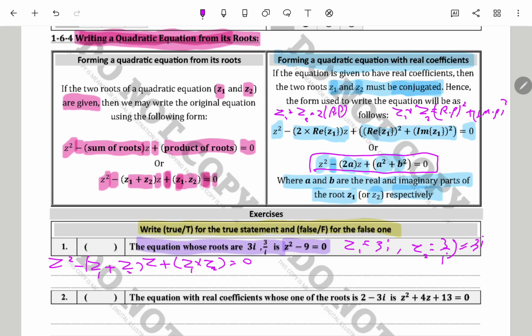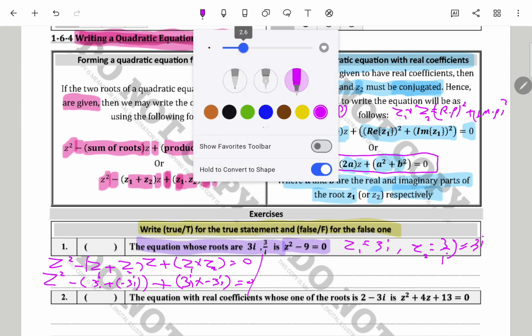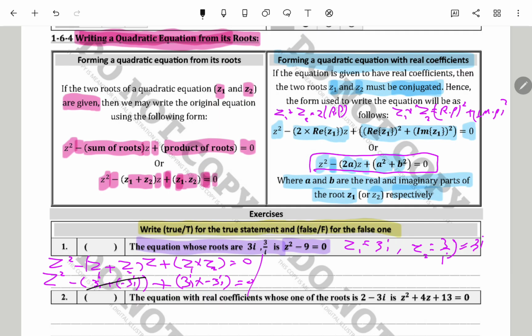And if you want to find the general one, it is easy for you. z squared minus (3i plus negative 3i for the conjugate) times z, and then plus 3i times negative 3i. That all should be equal to 0. If you add them, you can say that these are different signs and the sum of them will be 0.